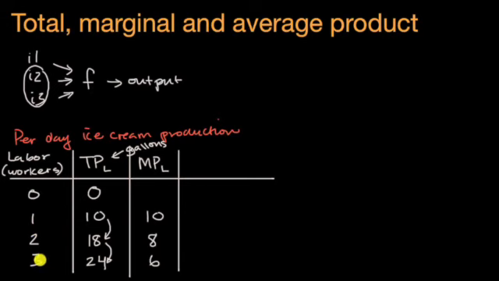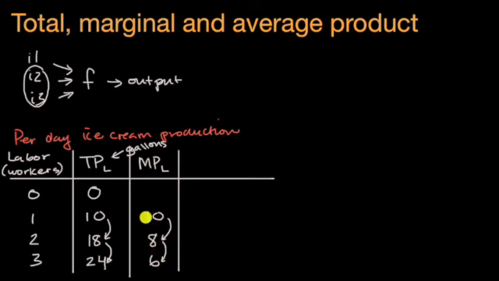You can imagine if you had 4, 5, 6, at some point you're not even going to be able to fit people into the factory. And so you're going to have what's known as a diminishing marginal return. You see that right over here. As you're adding more and more labor, your marginal return is getting smaller and smaller. So this is a diminishing marginal return.